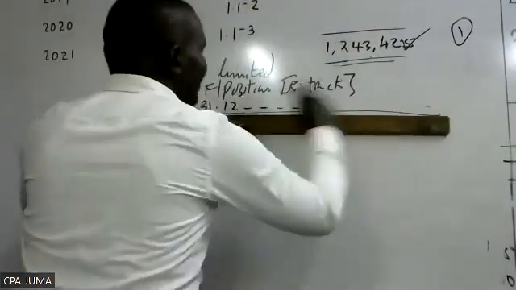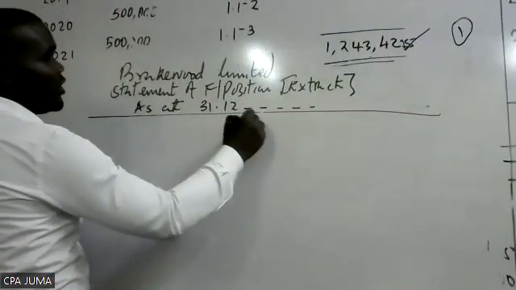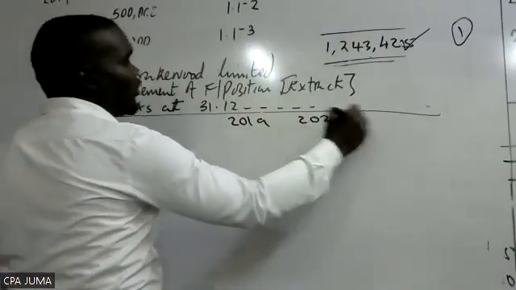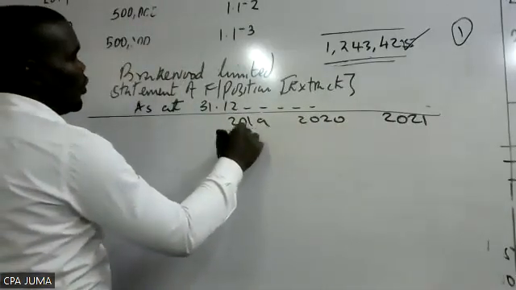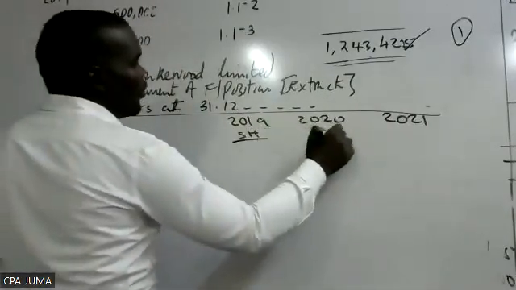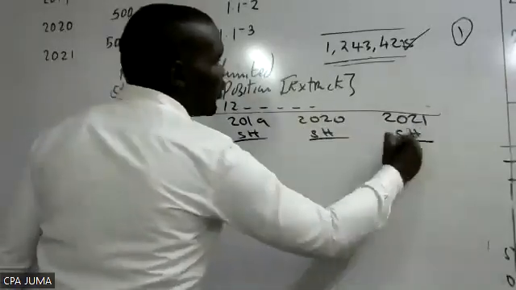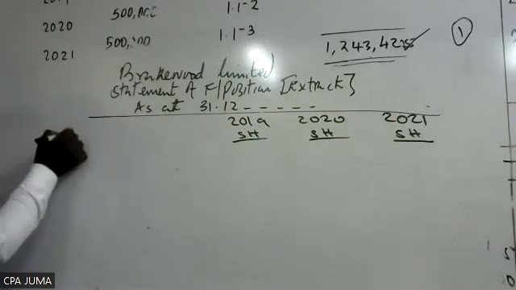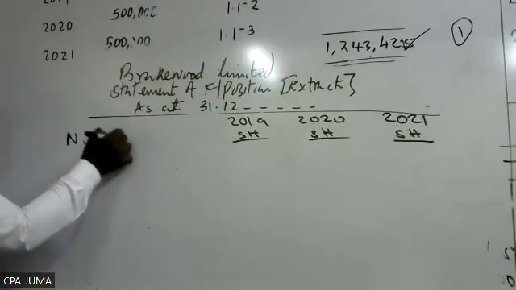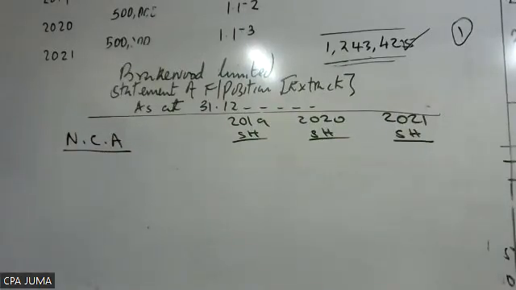So 2019, all the way. So the lessee will recognize a non-current asset in the books.